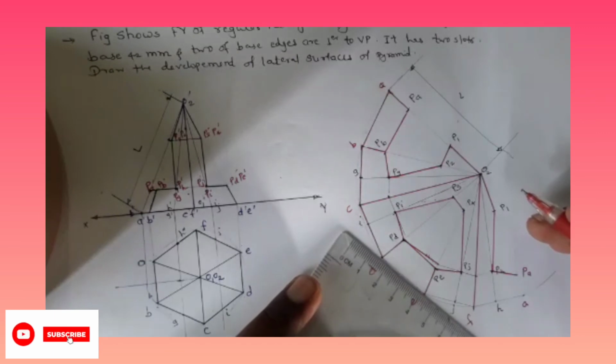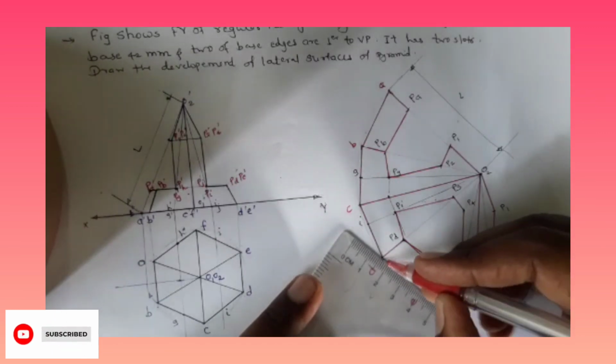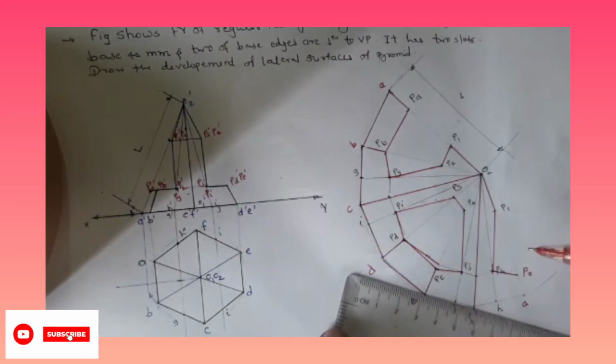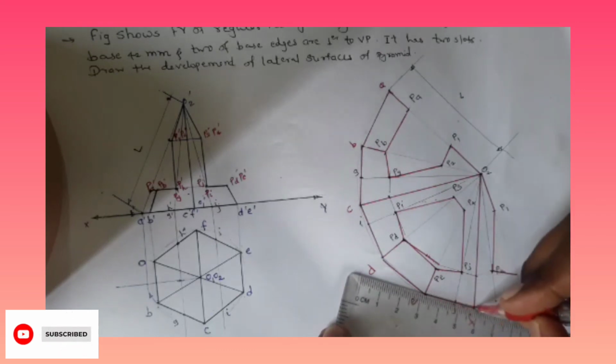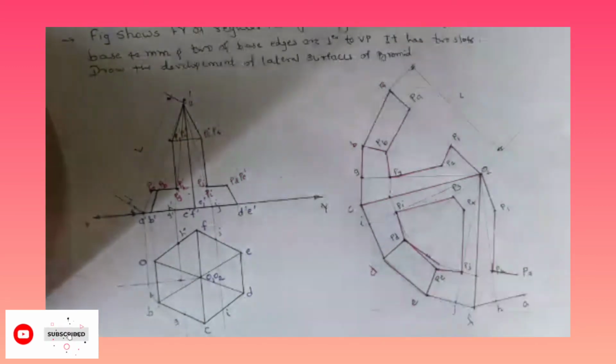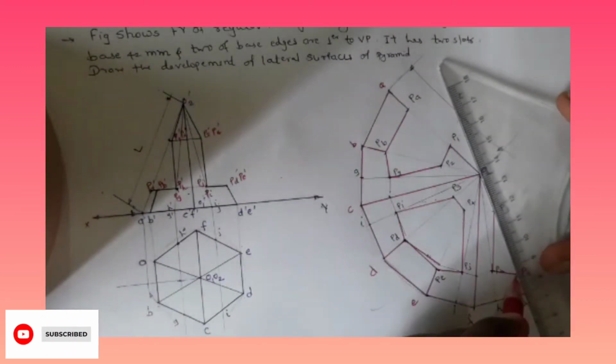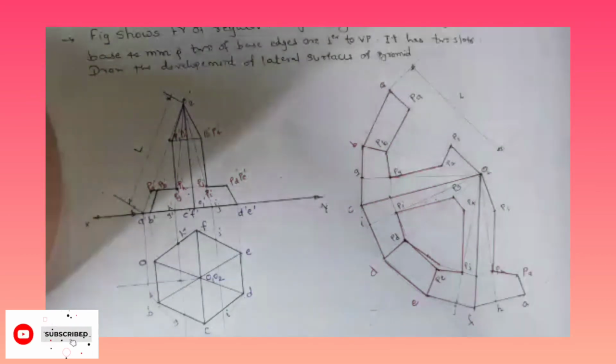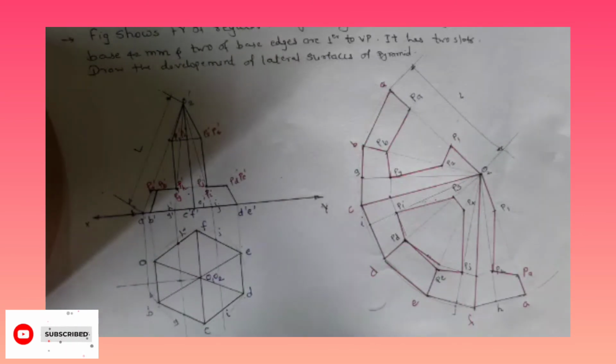You have to join D to E, and then last F to A. Okay, so like this we are getting the development of this pyramid.